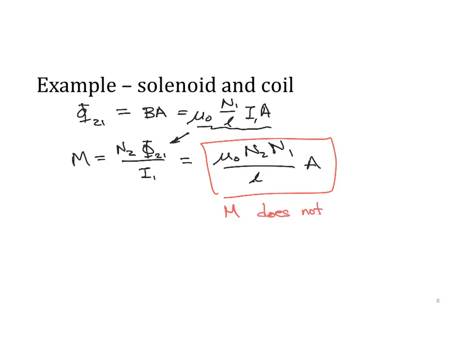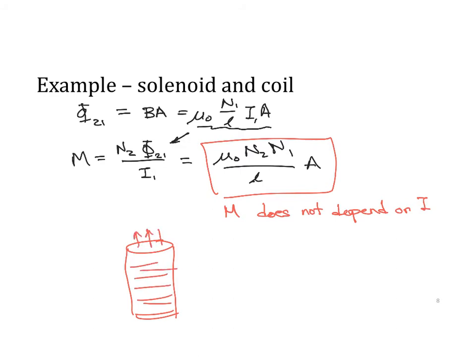So just to reiterate what I said before, our mutual inductance doesn't depend on our current. It just depends on these things like mu0, n2, n1, right? So these geometric factors. And if we go back and look at our image, I'll draw it kind of badly. So say we had that long solenoid that was our coil 1. Remember, for coil 1, the magnetic field, if it's a solenoid, it exists within this coil, right?